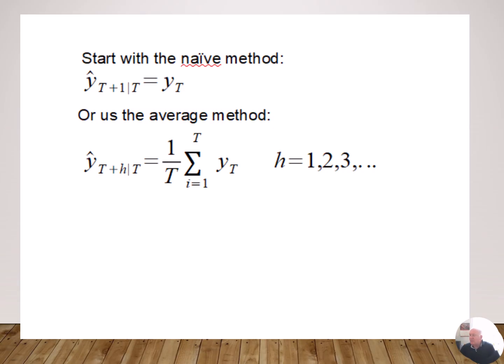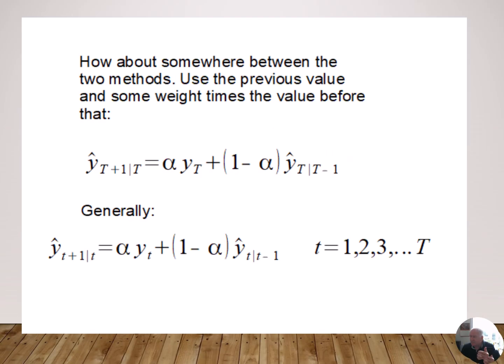So how about if we do something between these? We want to still keep the importance of the last data, but we don't want to lose the influence of all the other data. So for our next data point, it will be equal to some constant alpha times y at t, plus 1 minus alpha times the previous predicted value.